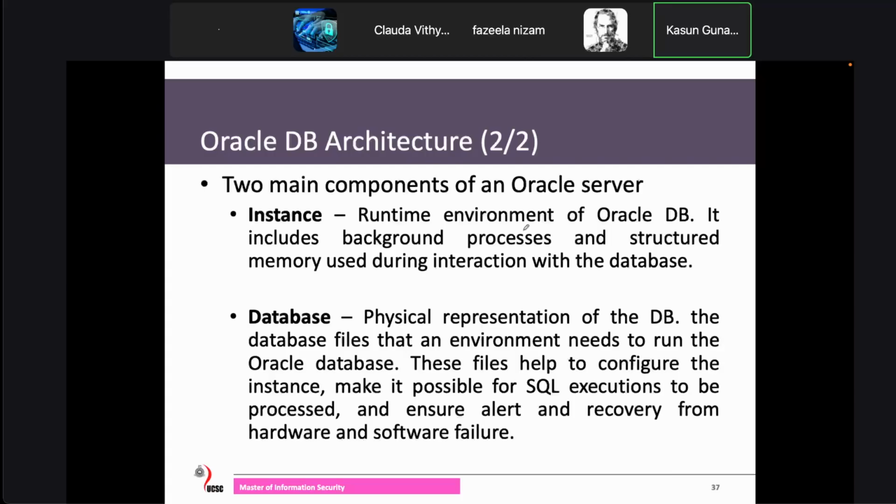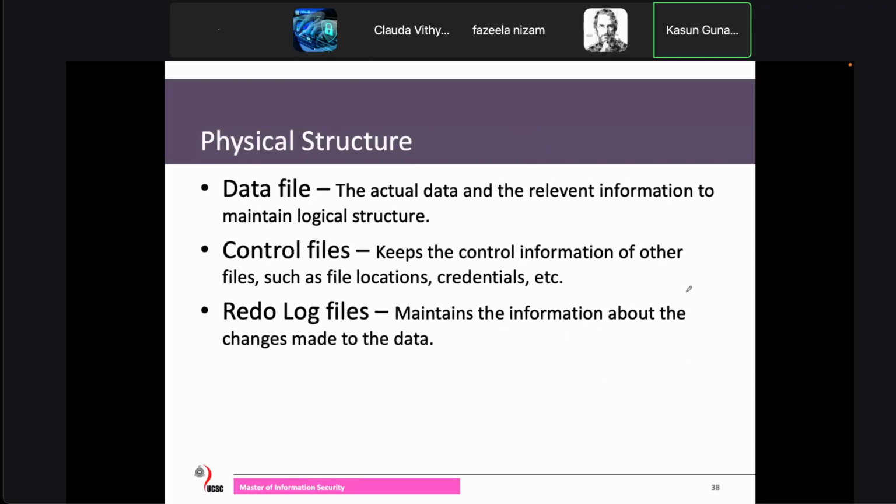And those are the three main file types in Oracle context: data files, control files, and redo log files. Data file is the actual data and the relevant information to maintain the logical structure.